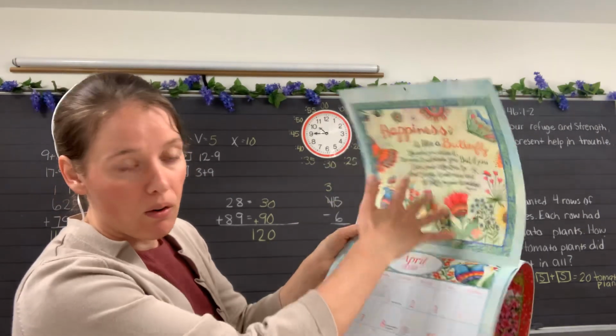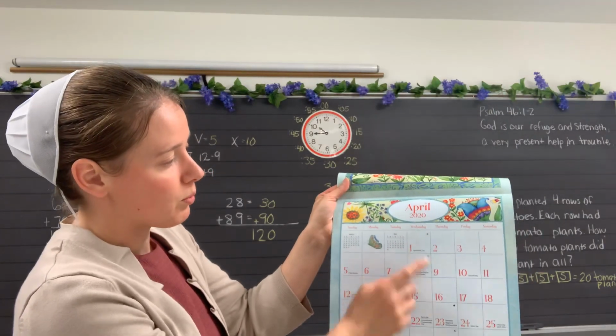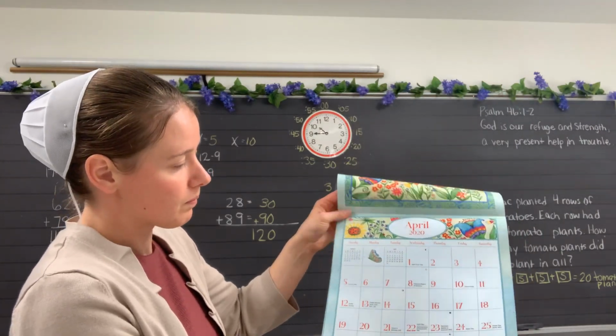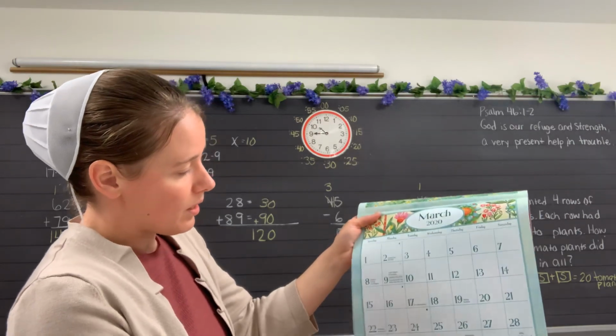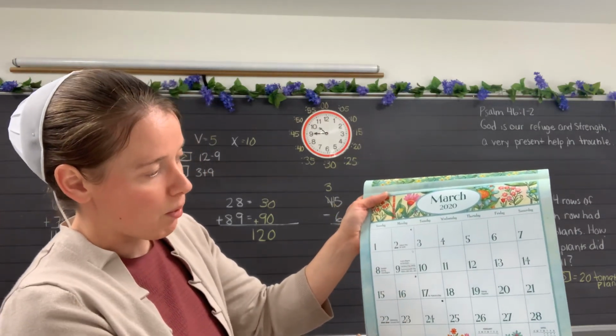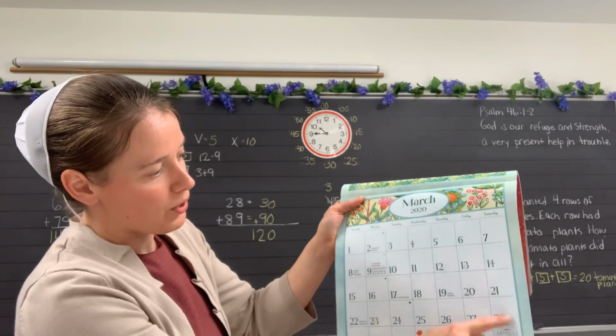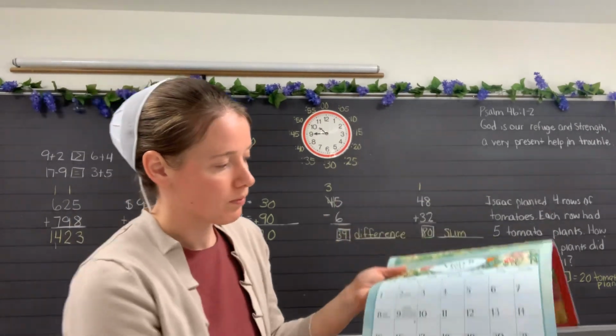So it will be on a Wednesday. April 1st will be on Wednesday. There are 5 Mondays in March and 4 Saturdays in March.